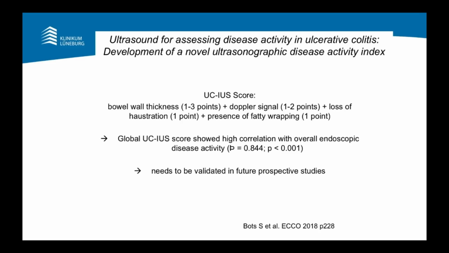However, they concluded that this needs to be validated in future prospective studies, and I have to mention that this so far has only been published as an abstract at ECCO 2018. Full publication is yet pending, and this score has not been evaluated in future prospective studies yet. But clearly, a clear score would be very helpful for daily routine and especially for clinical trials.